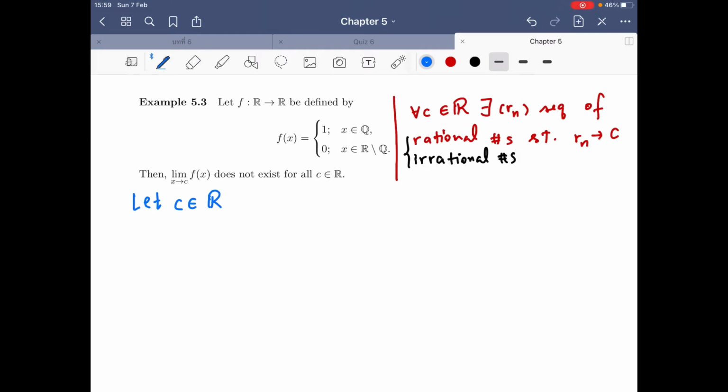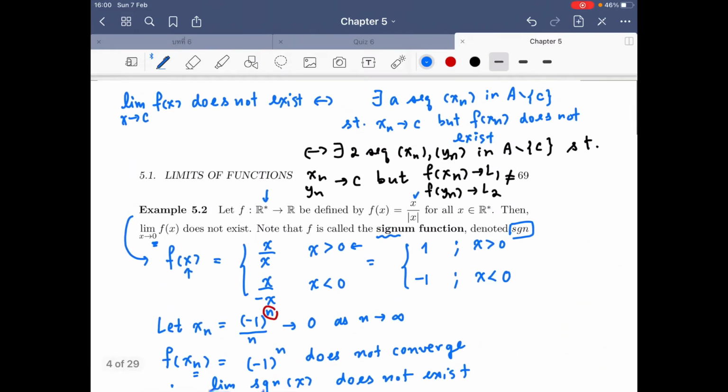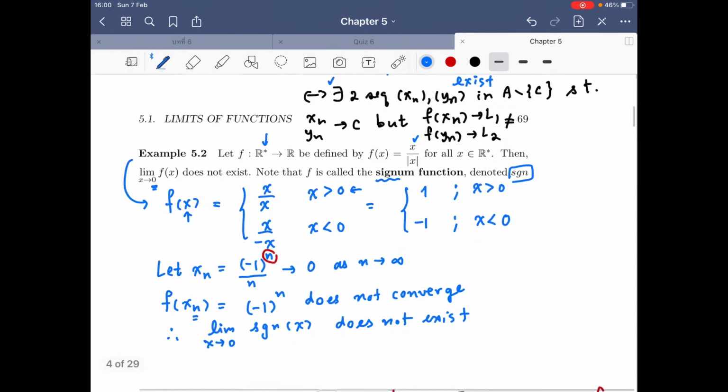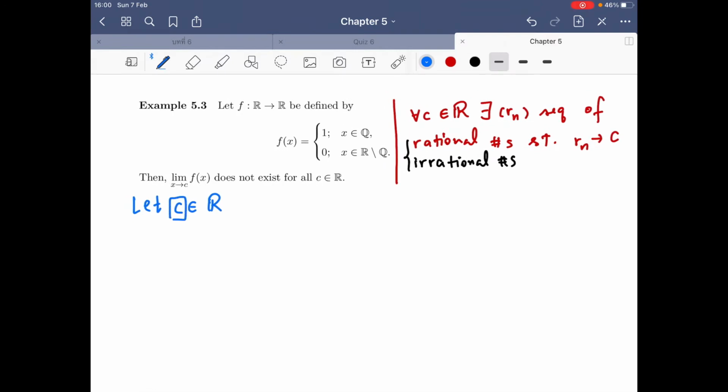And to do this, let us use the criterion that we are going to find two sequences that go to the same point c that we let, but the function values of both sequences go to some other places that are not the same.